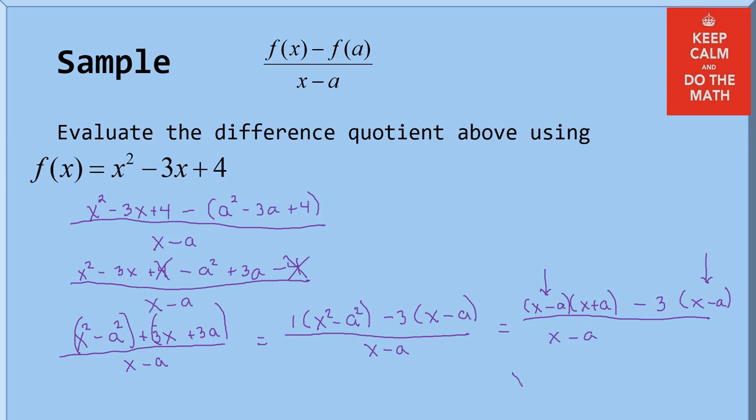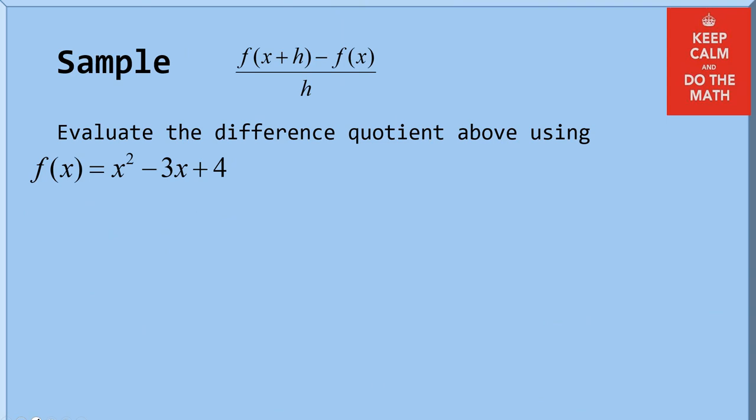So I'm going to factor out the x minus a, and that leaves me x plus a minus 3 over x minus a. So these are going to cancel. So my final answer that I'm actually going to input is this. x plus a minus 3 would be my final simplified answer.